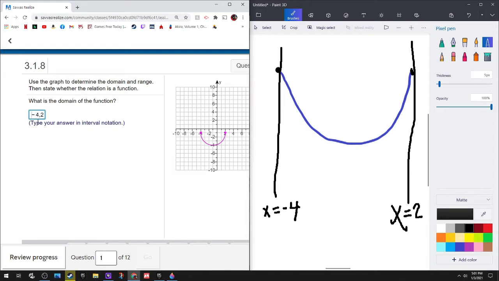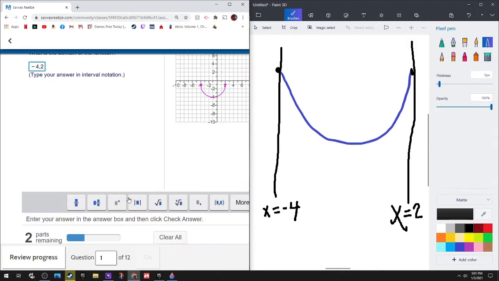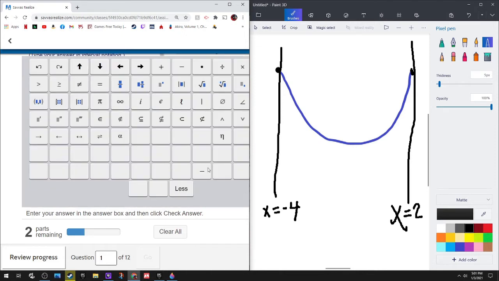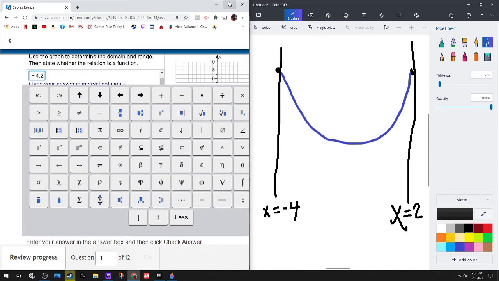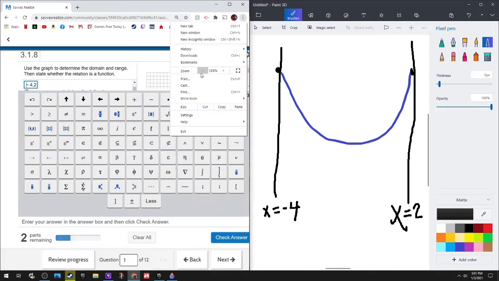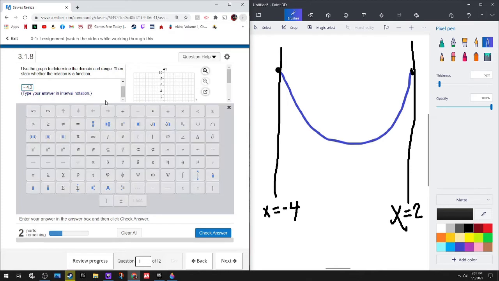So we start at -4, we end at 2, and as long as it's got these closed dots on the ends, we use a bracket. Let's see, I think I'm too zoomed in. Let's see, the bracket.